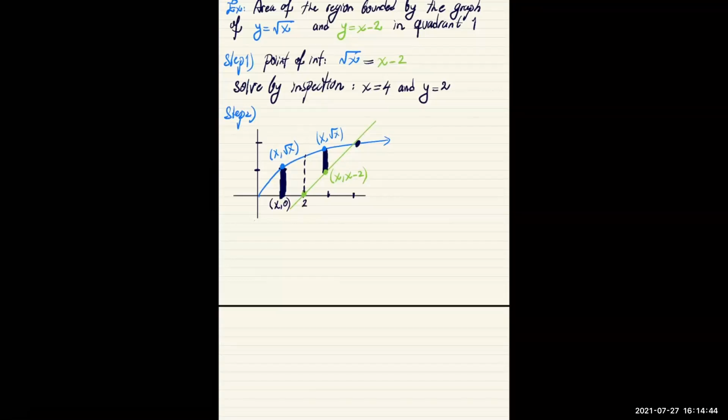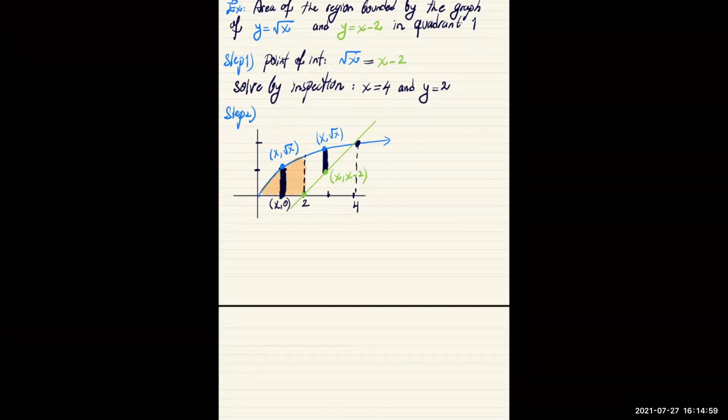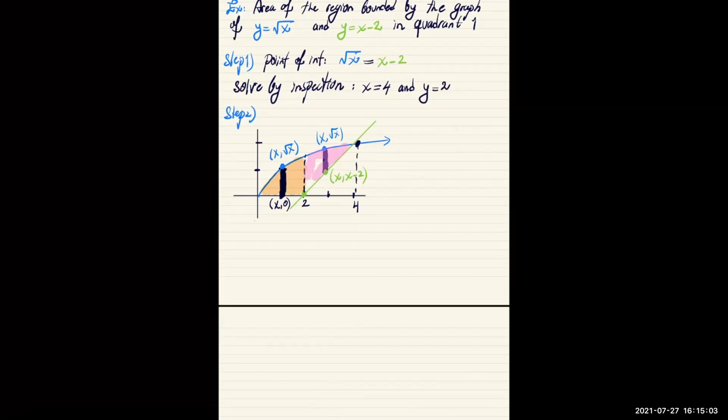This point is 2. And then we have to do another integral from 2 to 4. There are 2 subregions. This is one of them, and this is the other one. Guys, make sure you understand that, please.